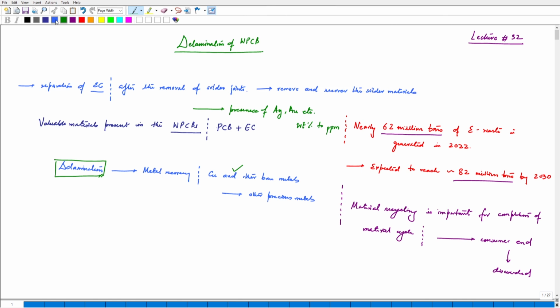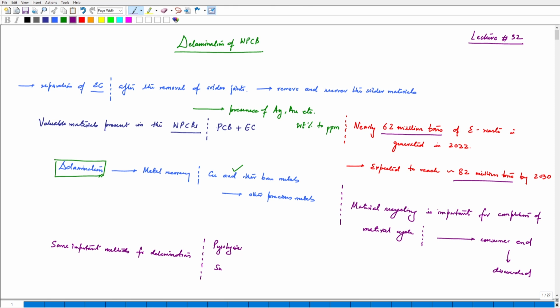So what are the methods by which we can do delamination? Some important methods for delamination. These are pyrolysis, which we will be discussing in pyrometallurgical route of PCB handling in the upcoming classes as well.